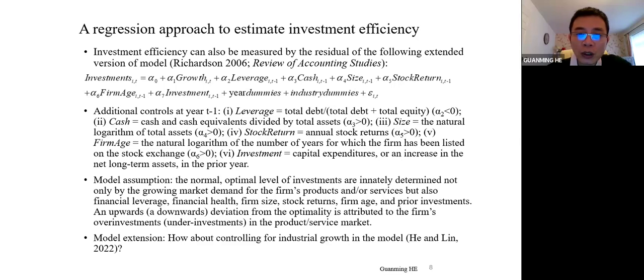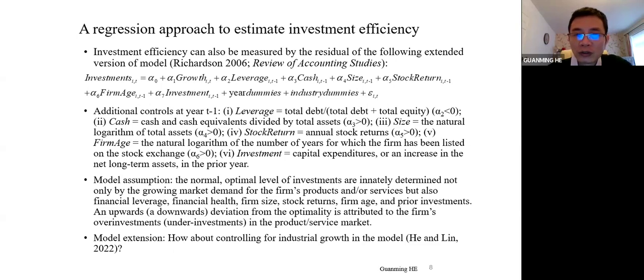And also, the creditors will have incentives to restrain the companies from making further investment if the leverage level is too high. If the company has a large amount of cash, then it will be good for the firm to make use of the cash to make more high return investment in the projects.